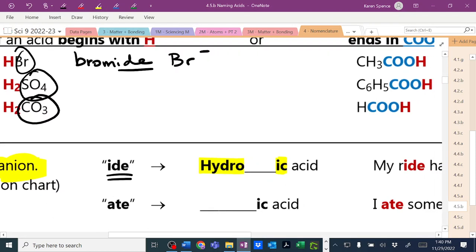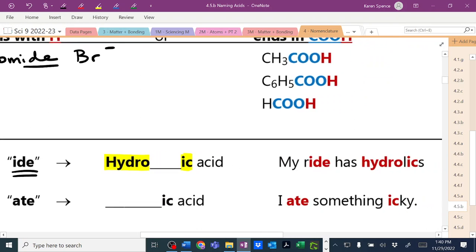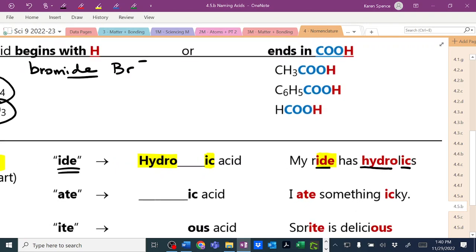And how can you remember that? You can say, and this may or may not be helpful to you, my ide, so the ide ion has hydro-ic, hydro-ic. It's spelled wrong, but yes, we're trying to make it work here.